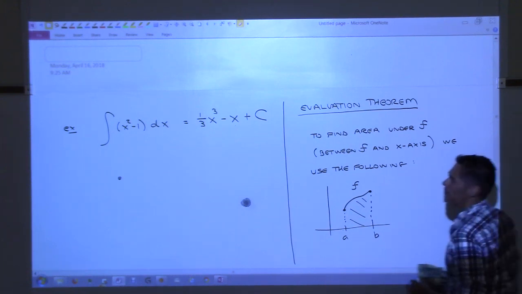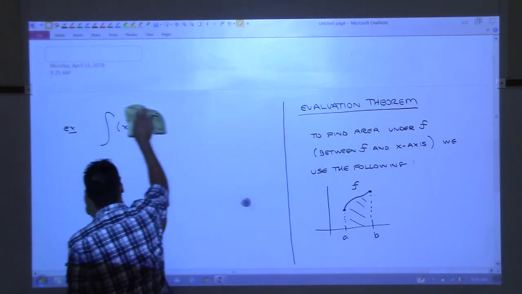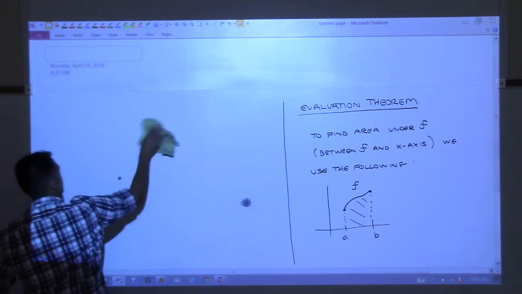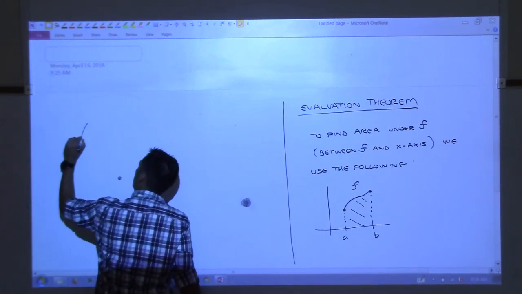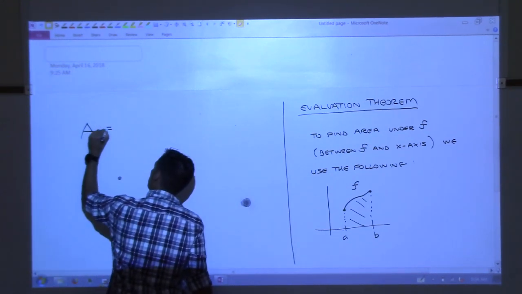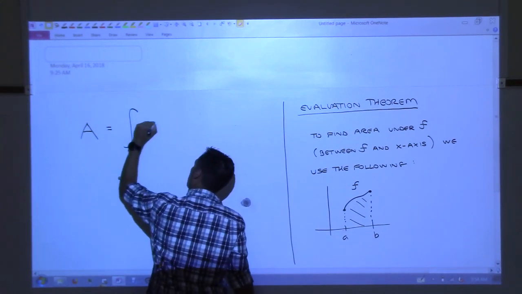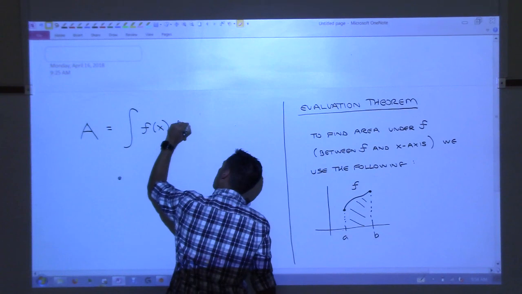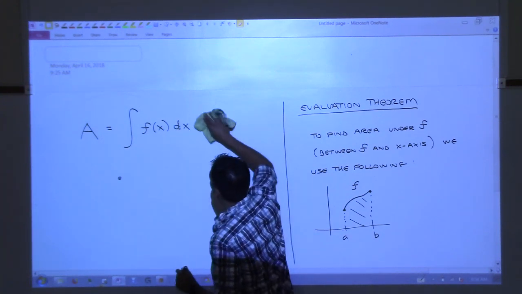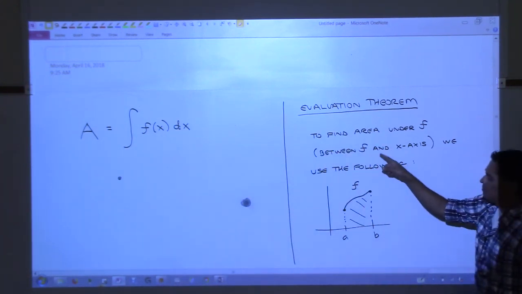That area, I'm out of room, so I'm going to put it over here. That area is equal to that's the antiderivative of this function.